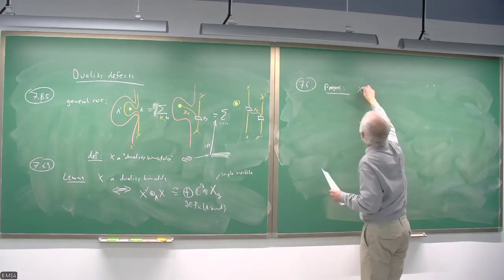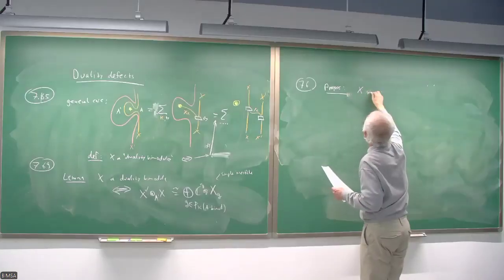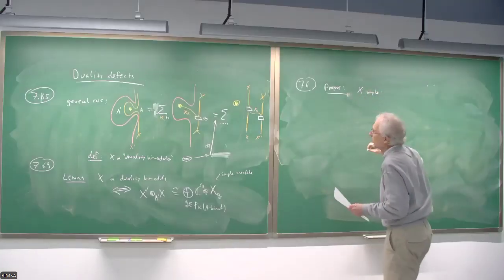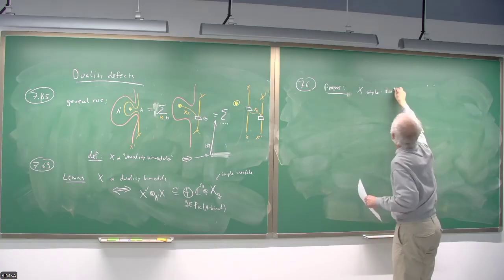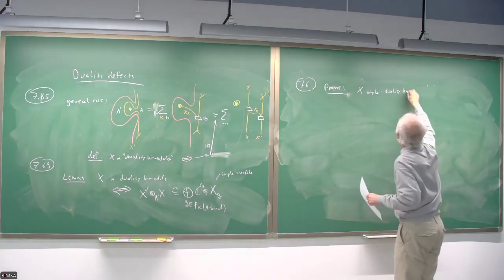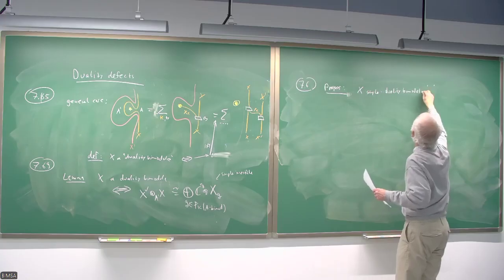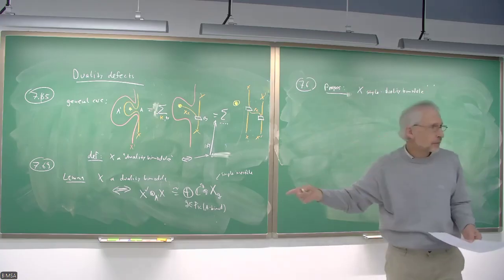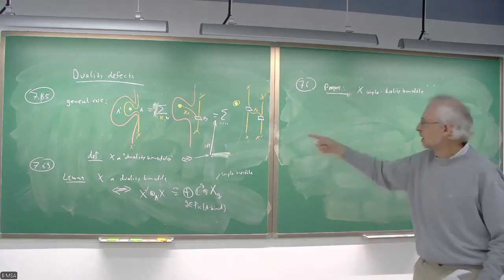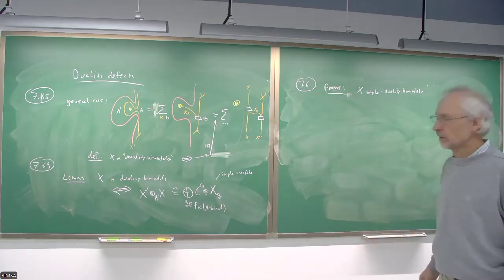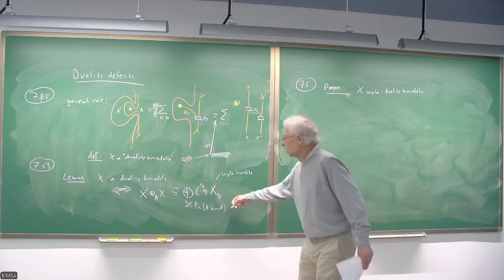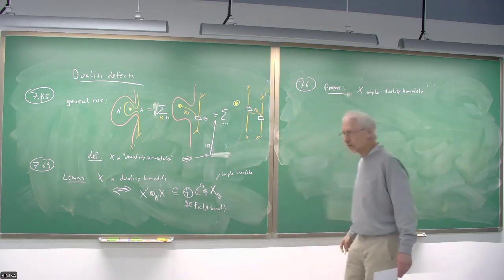And this holds if X is a simple duality bimodule. Unlike the case of invertible bimodules, which are always simple, duality bimodules need not be simple. This holds also if they are not simple.